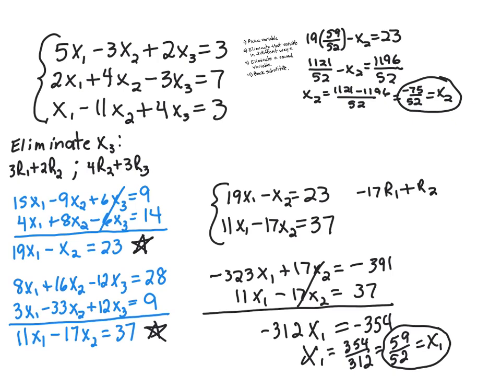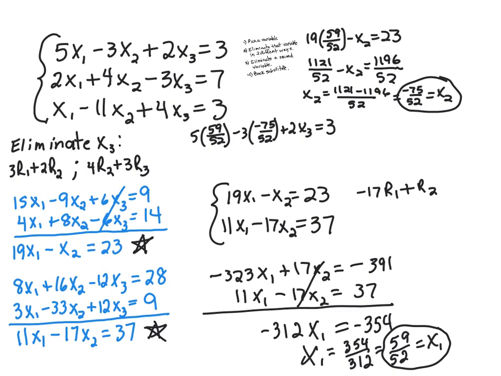So I'm going to have 5 times x1, which is 59 over 52, minus 3 times x2, which is negative 75 over 52, plus twice x3 equals 3. So I'm going to have to multiply out my denominators, and I'm going to have to get a common denominator with the 3, but then I'm going to have to divide away the 2.